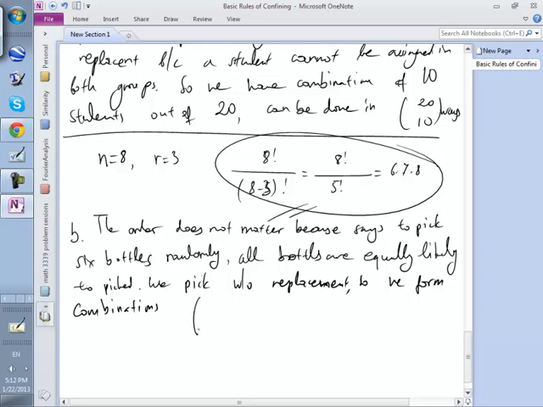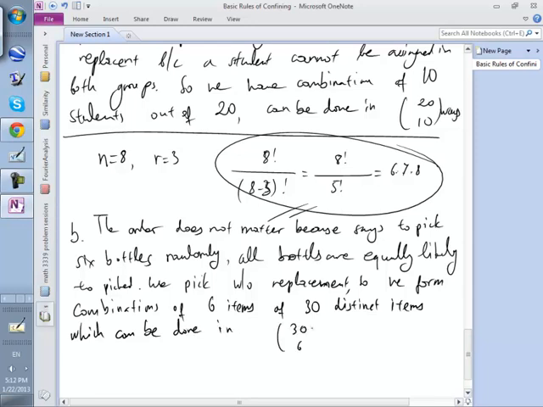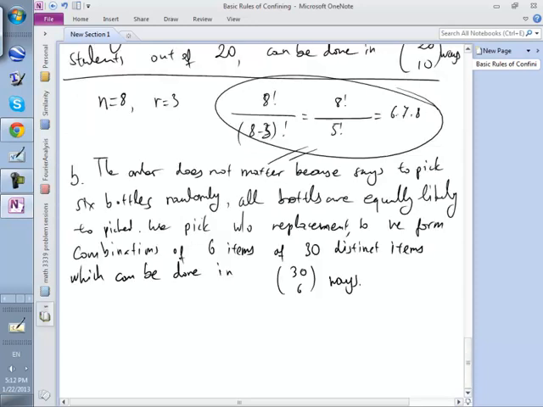So, combinations of 6 items out of 30 distinct items, which can be done in 36 ways. Okay?